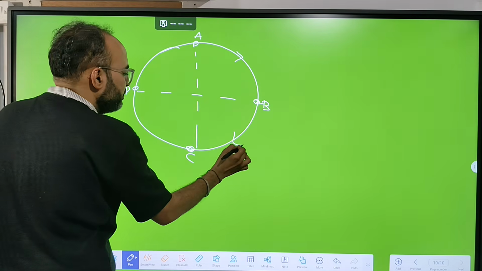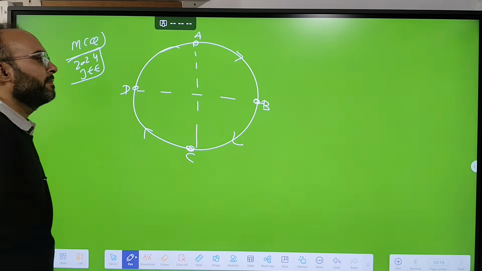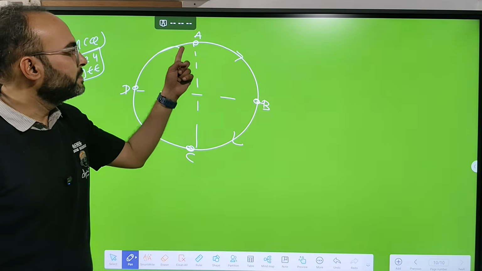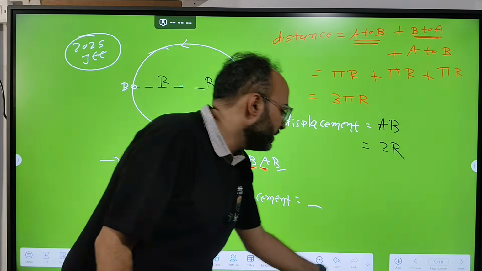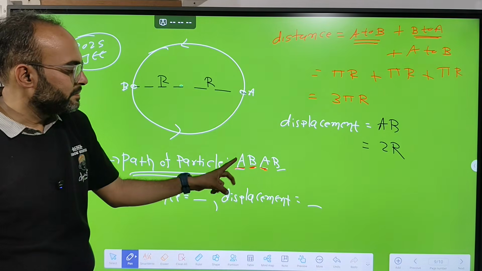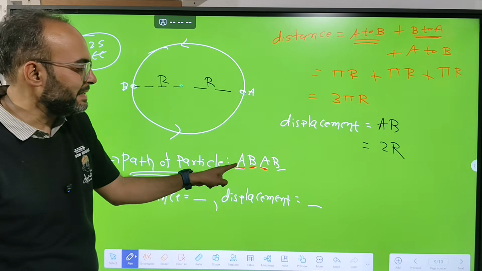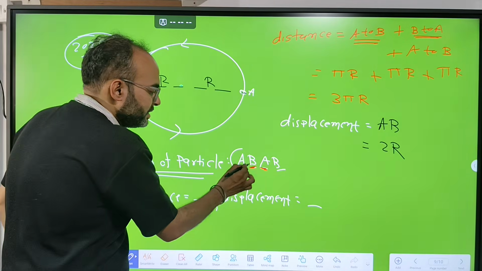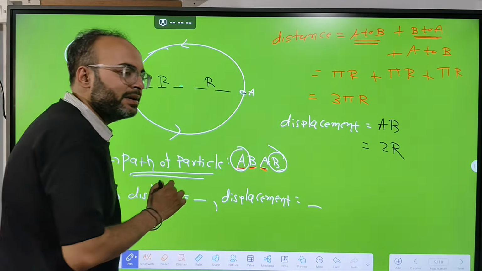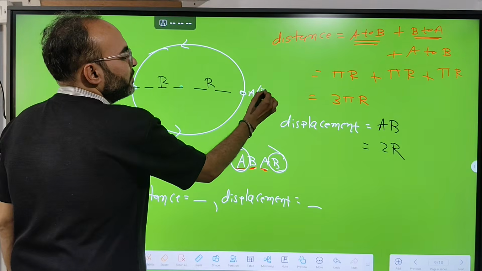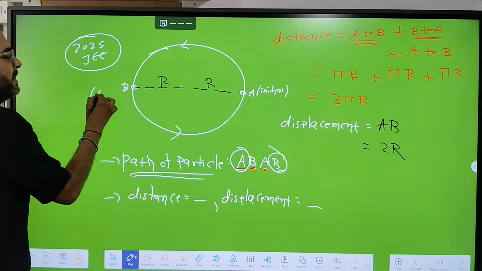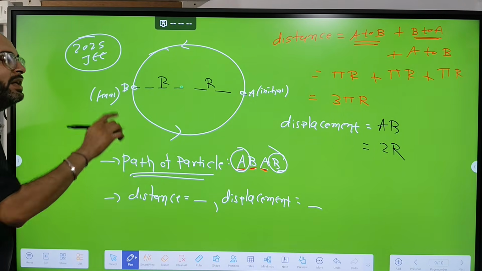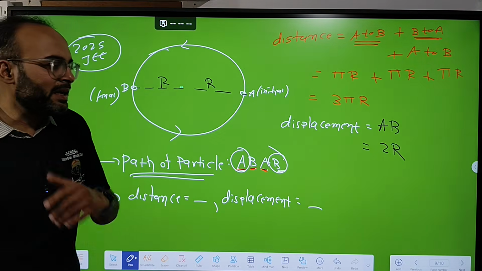First A to B, B to C, and C to D. What is the initial position here? A. And what is the final position? B. So that's why we join initial and final position by a straight line.